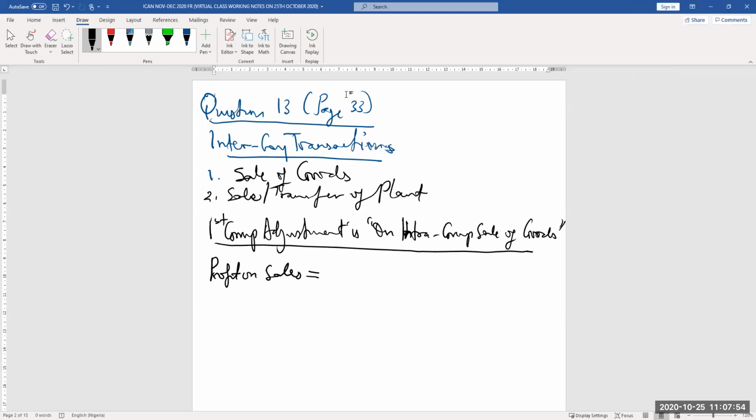Hello, sir. Can you hear me now? Yes, we can. I'm a bit confused because the last time Mr. Israel said something about when we were dealing with purchase consideration, he said transfer of acquiring assets. So in this case, when we have transfer of plant, we can't group that as part of purchase consideration.